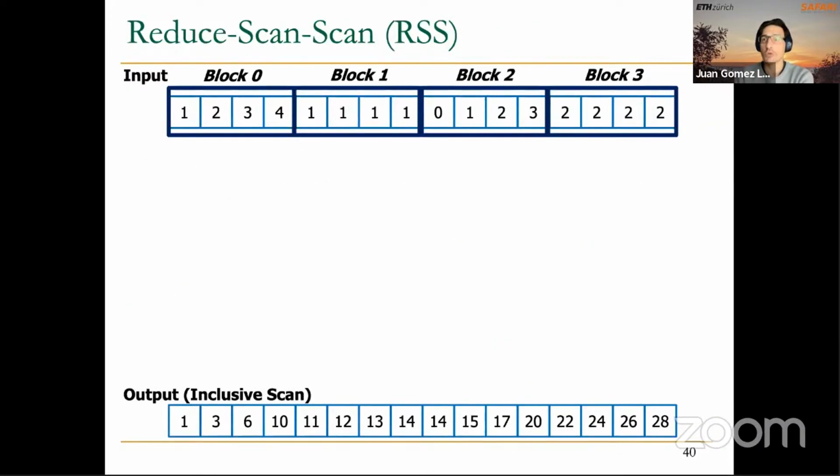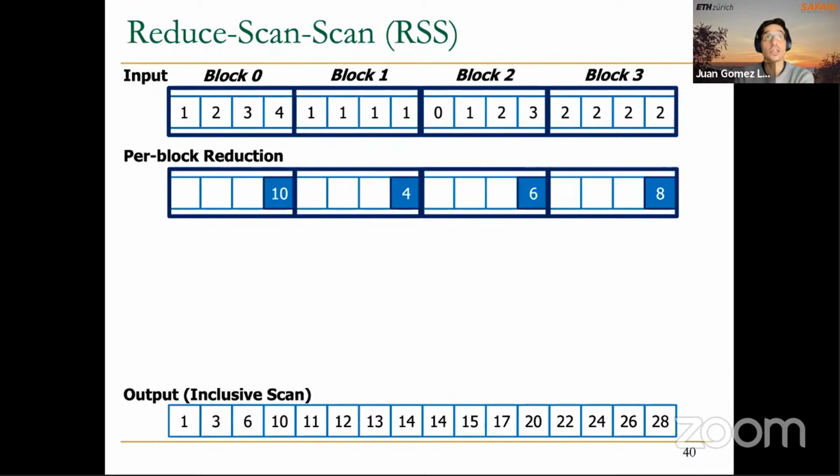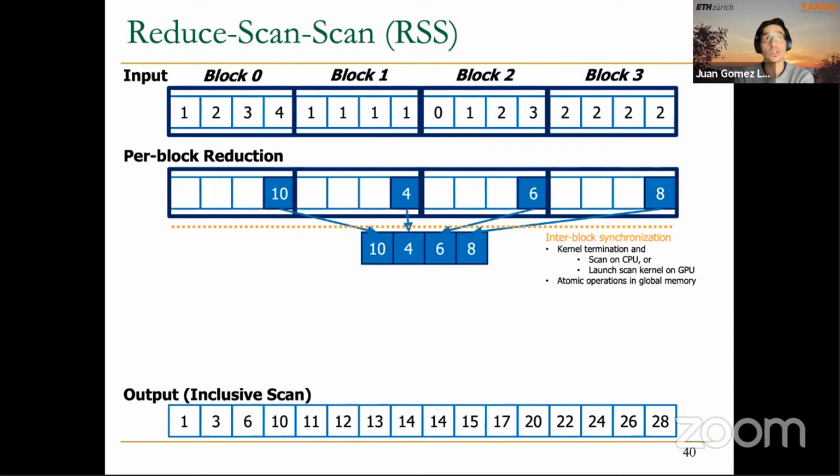We can come up with another implementation for the hierarchical scan. In this particular case, the first kernel is only going to be a parallel reduction. We don't calculate the partial scan operation in the first step. Why is that? Because for the second step, in reality, we don't need the whole per block scan output.